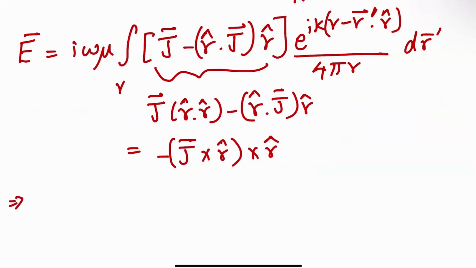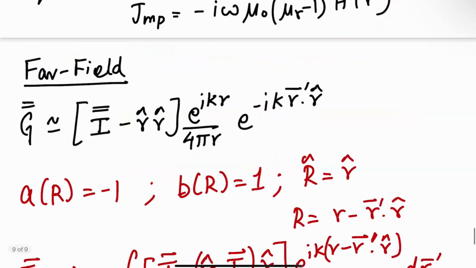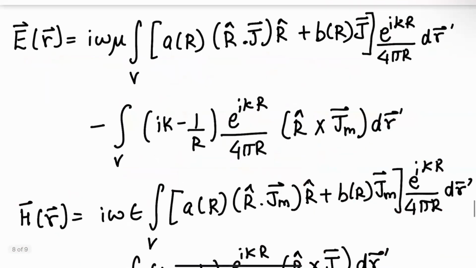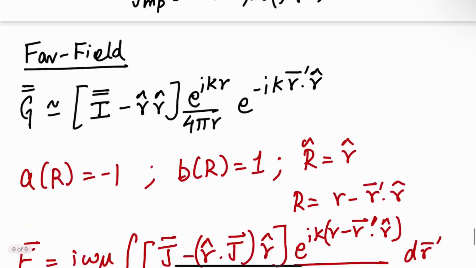And then we also had a Jm term, so this is something separate. It's the Jm term, which is very simple because it just reduces to, we can ignore this, and this becomes little r hat cross Jm.